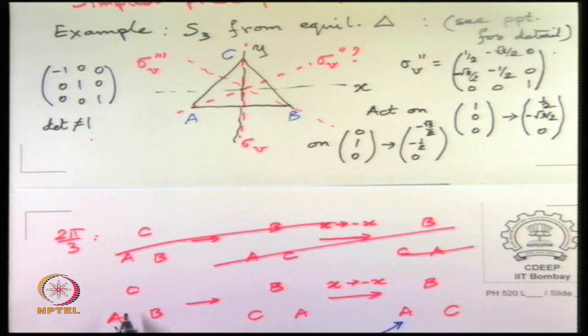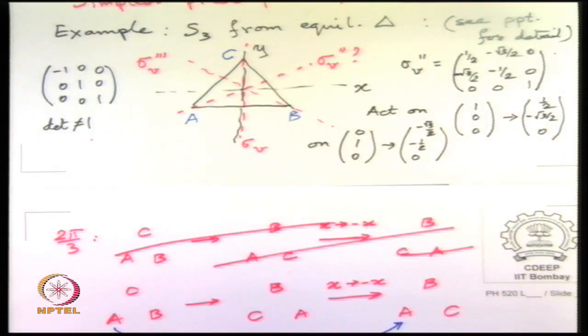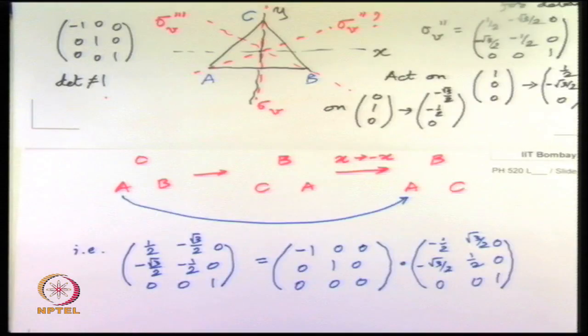So this operation is sigma V double prime, because we did a sequence of operations. We have identified some element like this, and what we have just checked is that this is equal to, reading from right to left, so if we first do minus a half, square root 3 by 2, minus square root 3 by 2, a proper rotation.